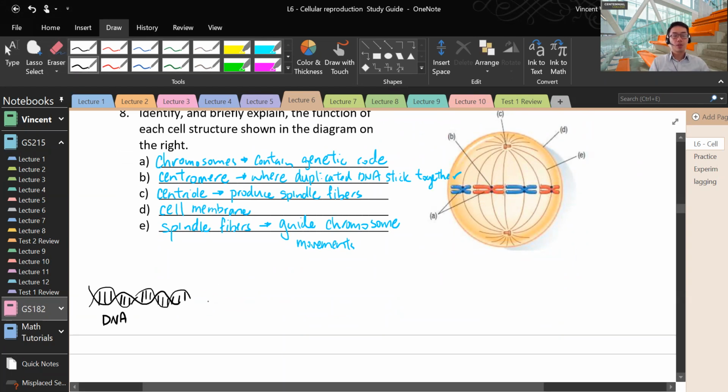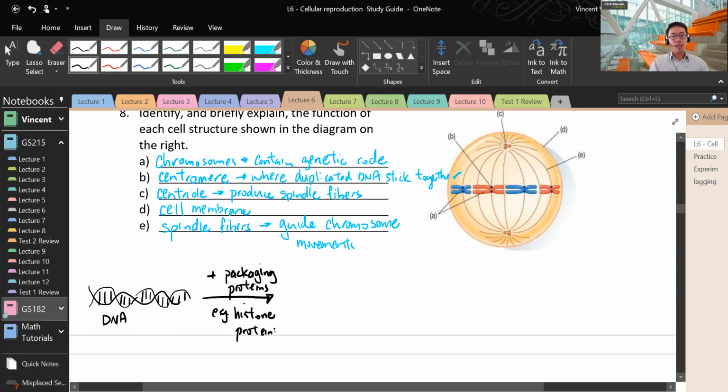So you want to package it by adding packaging proteins. One of the most common packaging proteins is called histone.